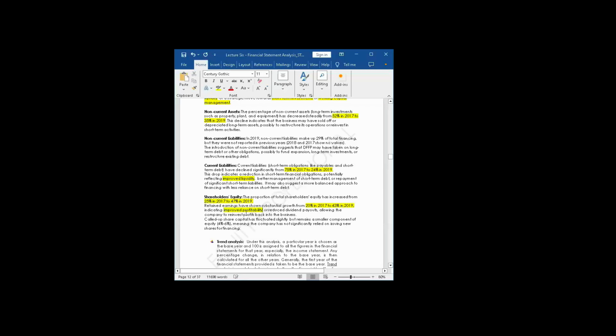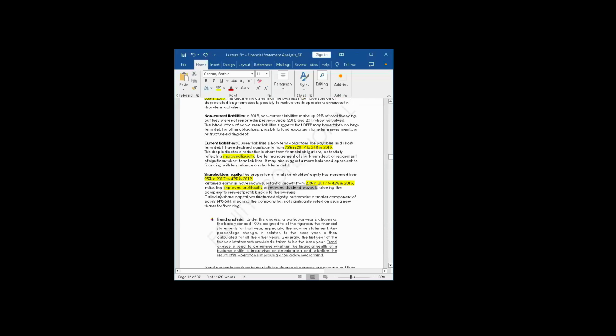If retained earnings has increased, it shows that the business is profitable, or they have reduced their dividend payout, which allows the company to reinvest profit back into the business. The core of share capital has fluctuated slightly but remains a smaller component of the equity, between 4 and 6%.